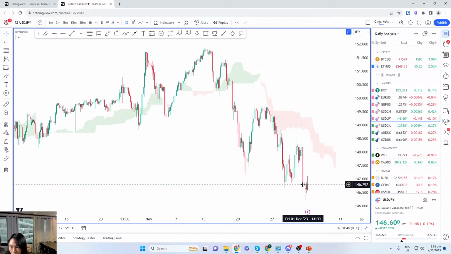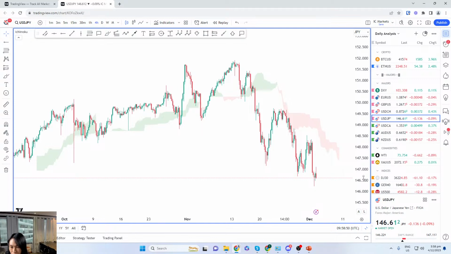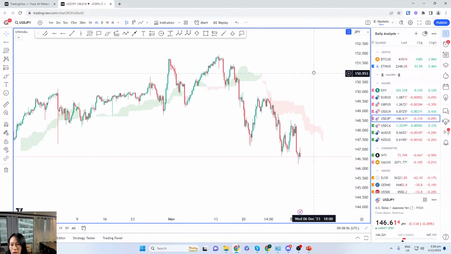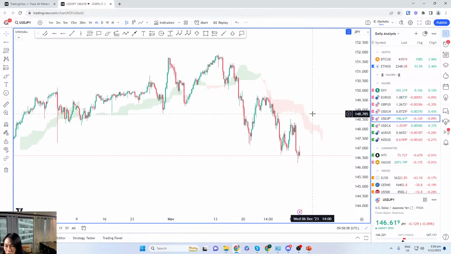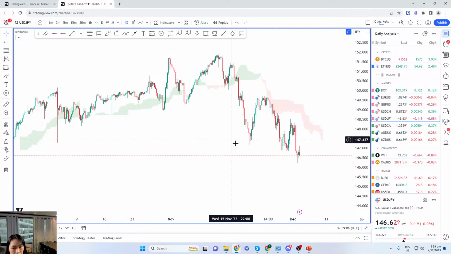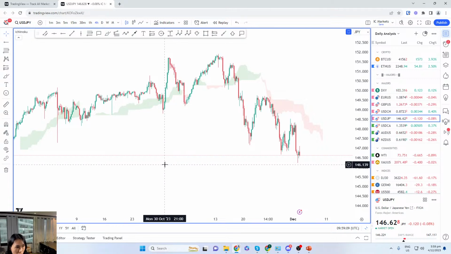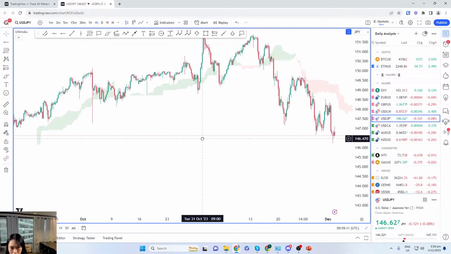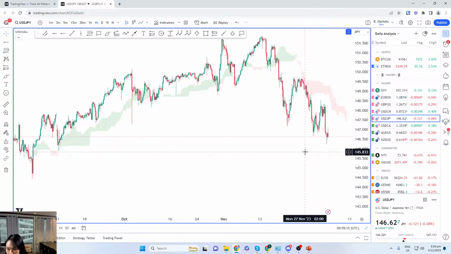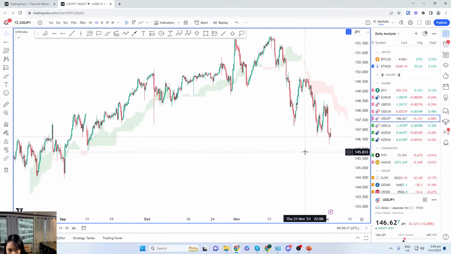Okay, next up would be the dollar yen. So for dollar yen, this is also bearish right now, and under the Ichimoku cloud. I'm gonna make it smaller to find my support level.